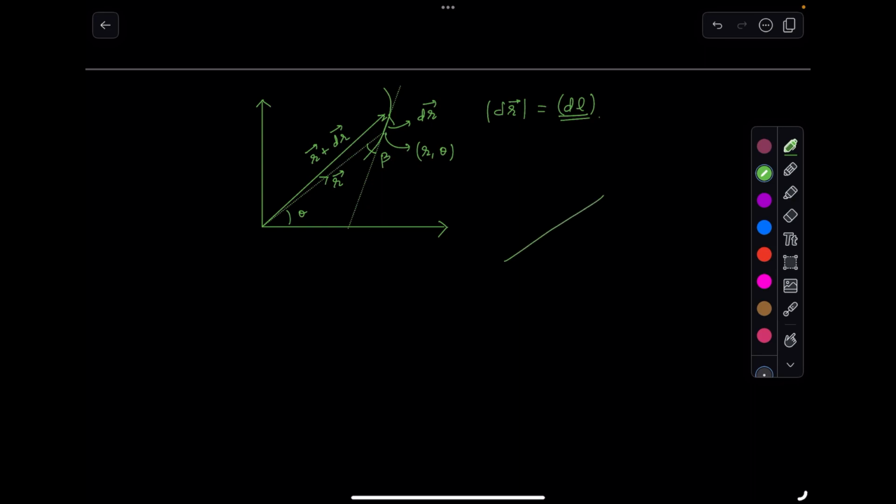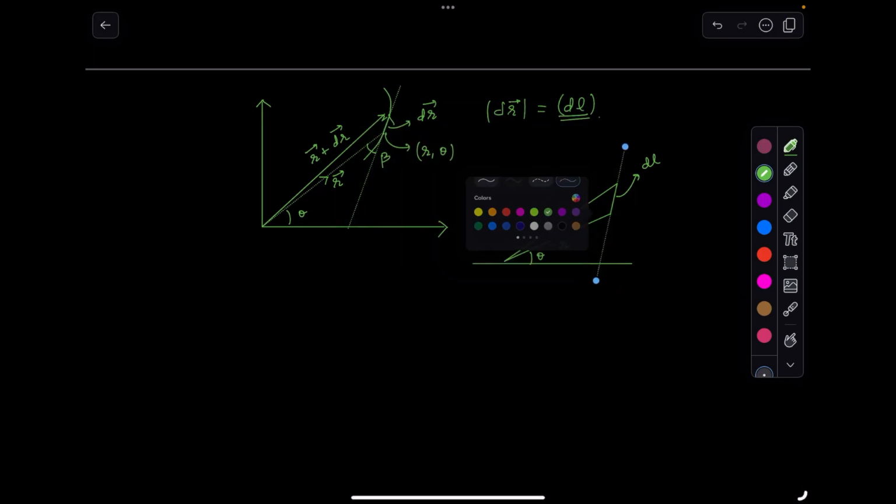Let me draw this figure separately so that our figure is clear. So this is our r, this is our dl, and this angle is theta.